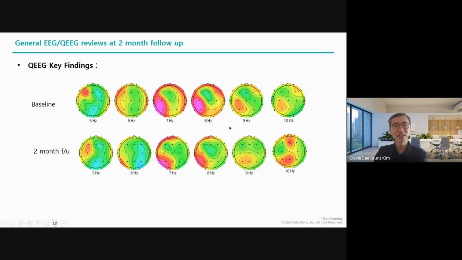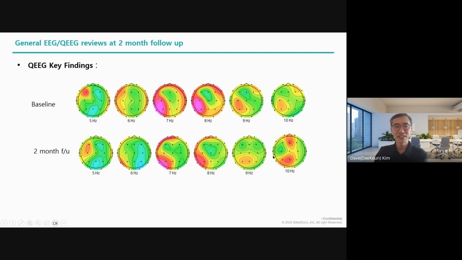And we can also see this kind of slow wave change in the QEEG. The 5 Hertz is a little bit diffused here, but 6 Hertz substantially decreased, and 7 Hertz also decreased, especially in C3 and P3 area, and 8 Hertz is similar.